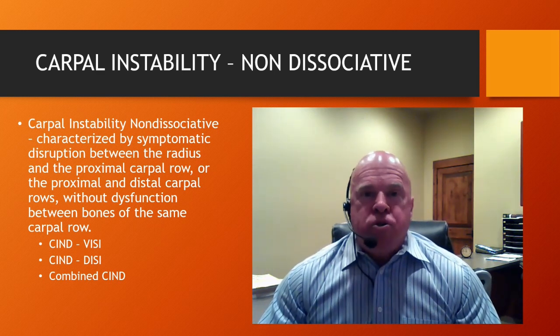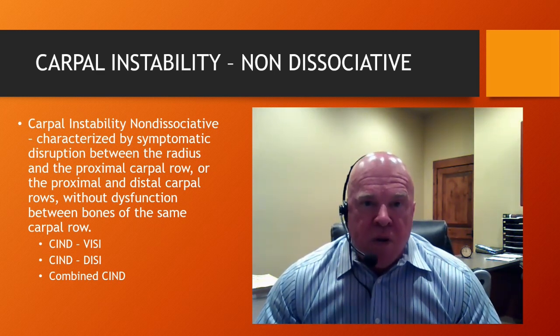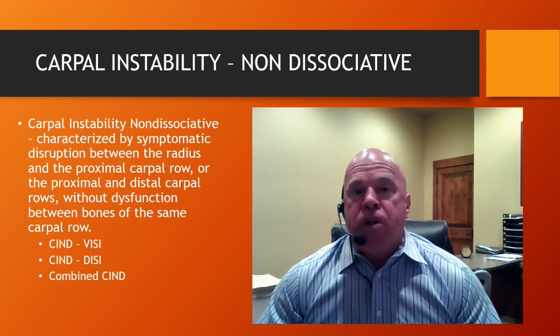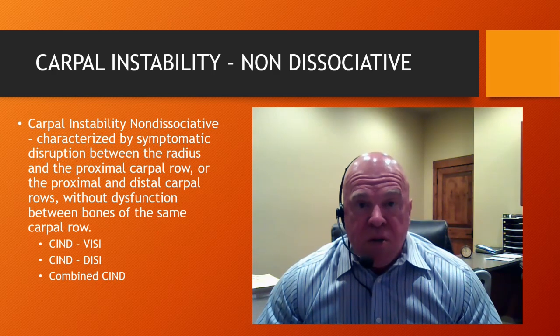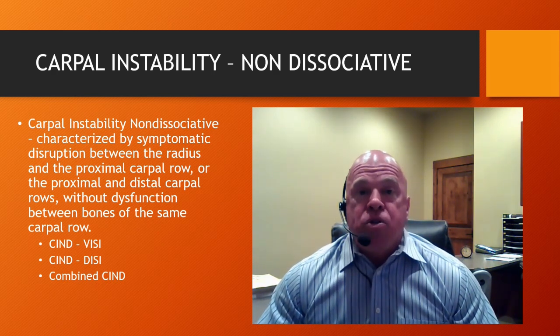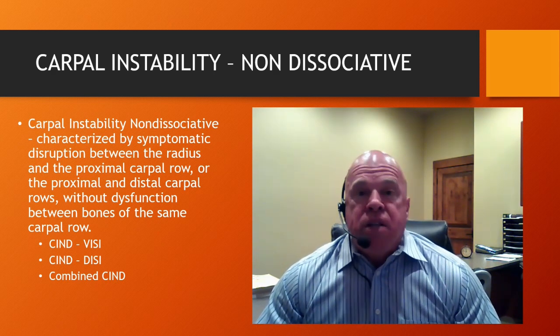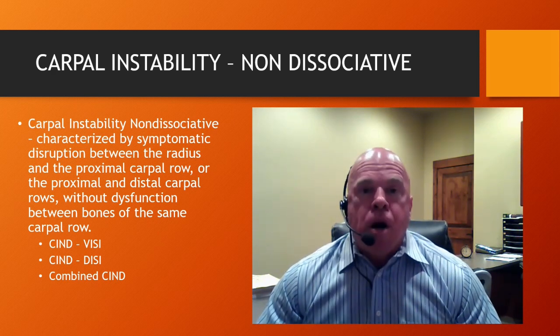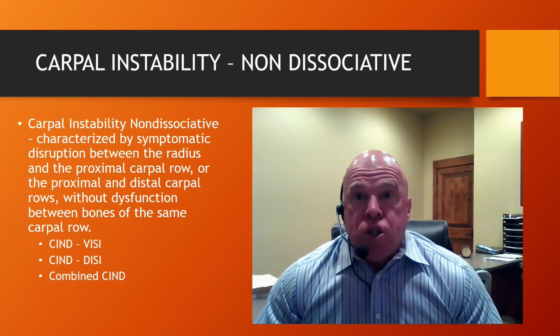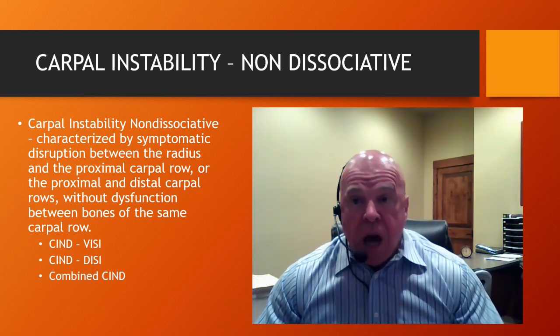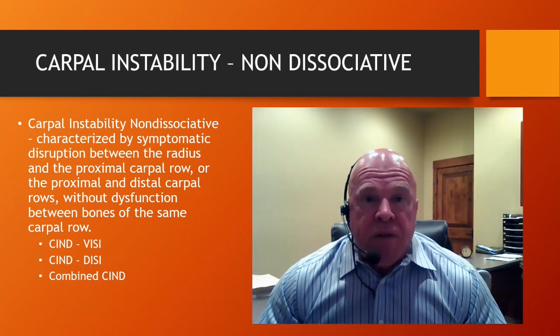Now, also in the literature, there is described what's referred to as the combined carpal instability non-dissociative pattern, but the AMA guides do not discuss it, and the AMA guides do not provide findings indicative of a combined carpal instability non-dissociative pattern, which has to deal with a combination of disruptions.